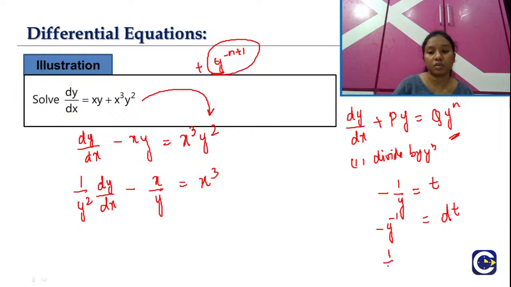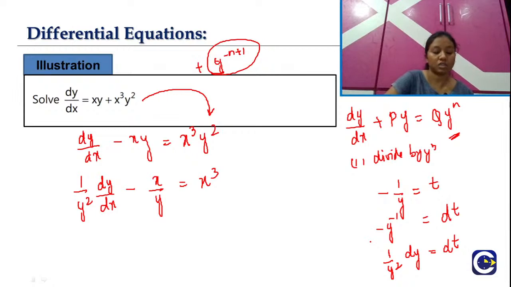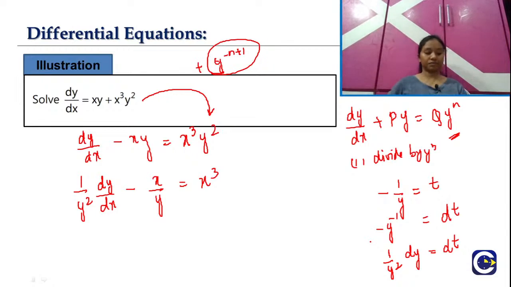So it will be 1 by y square dy equal to dt. So let's just substitute that. We can say dy by dx or dt by dx, anything will be the same thing.